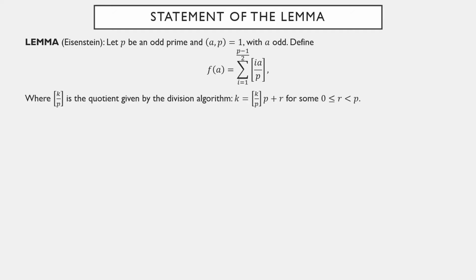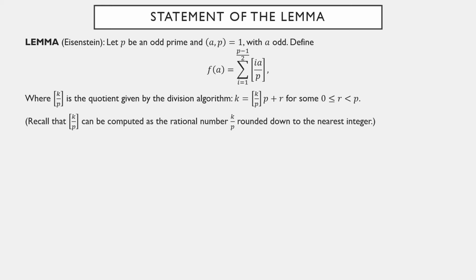Now, something over P in square brackets is that quotient given by the division algorithm. So this is a whole number, and it's which multiple of P do I use in the division algorithm. And you can compute it as long as you're willing to work with non-integer values: simply take the non-integer value K over P and round that down to the nearest integer.